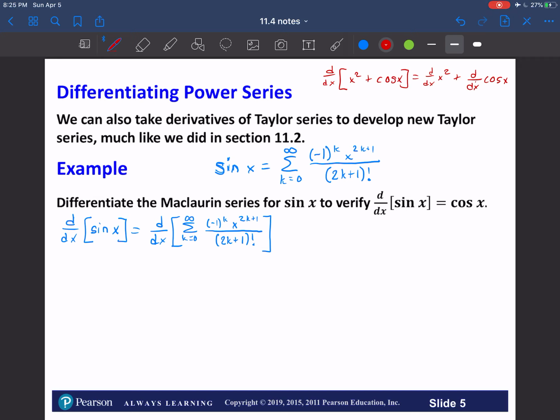All right, so we can basically swap the derivative and the summation. And so I can write this as the sum from k equals 0 to infinity of the derivative of this entire thing, negative 1 to the k, x to the 2k plus 1, divided by 2k plus 1 factorial.